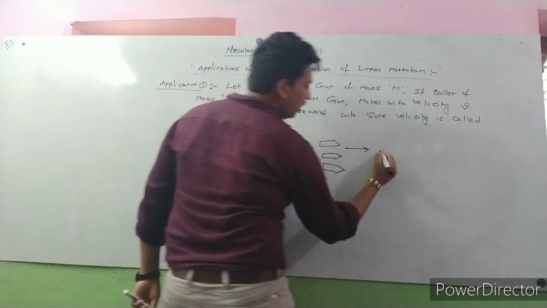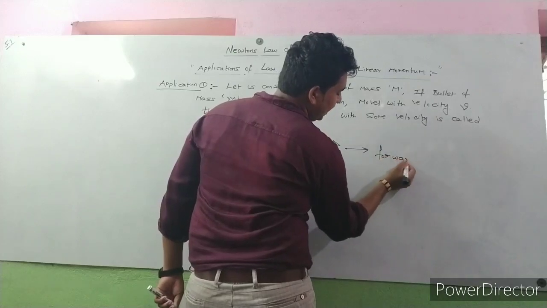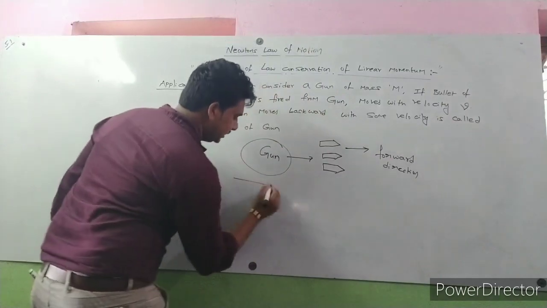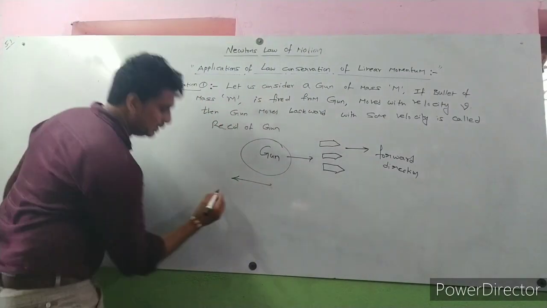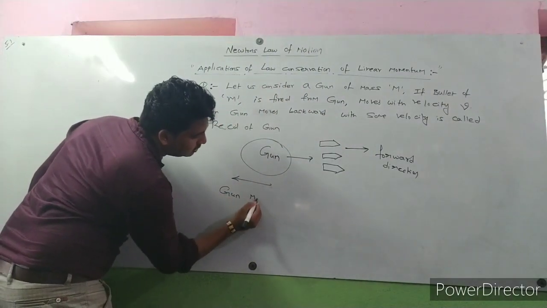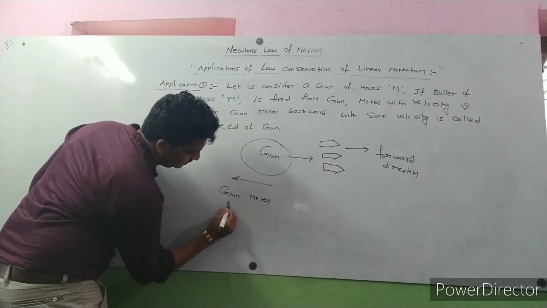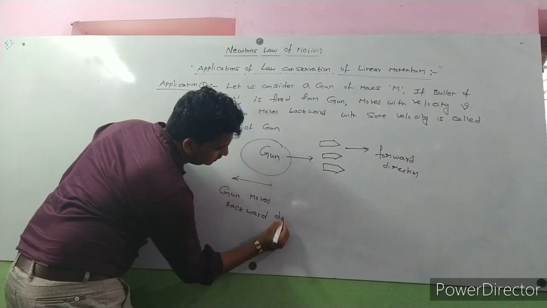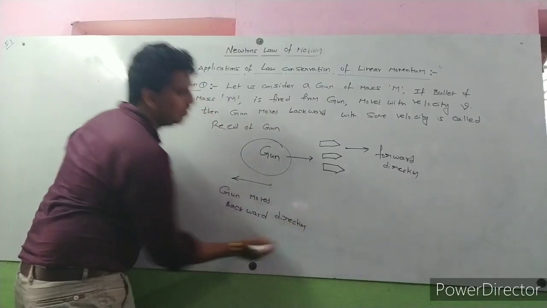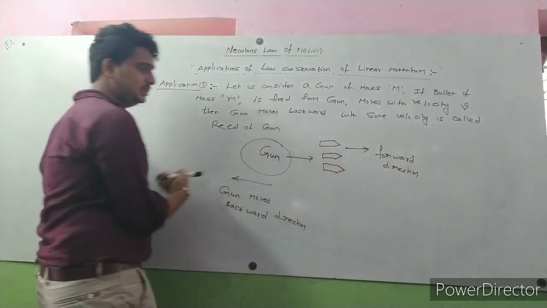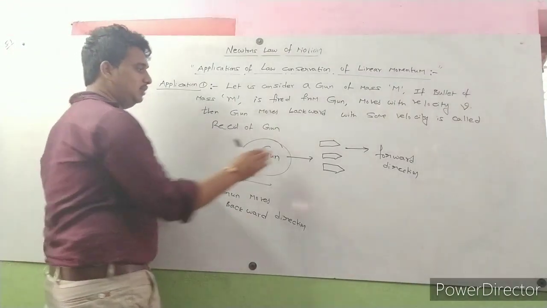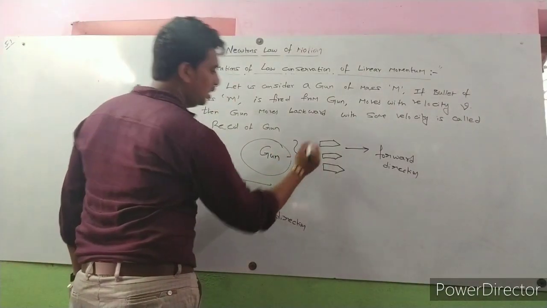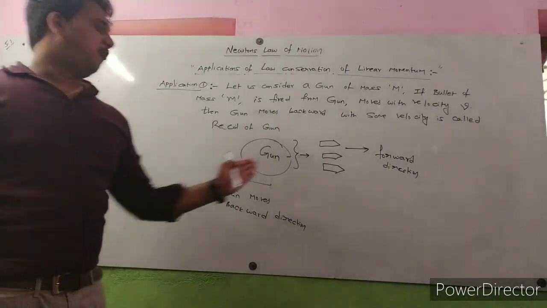Bullets are moving in the forward direction, so the gun will move in the backward direction, because this is action and this is reaction.